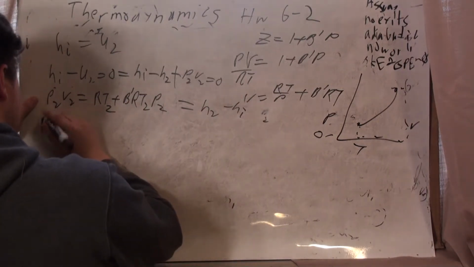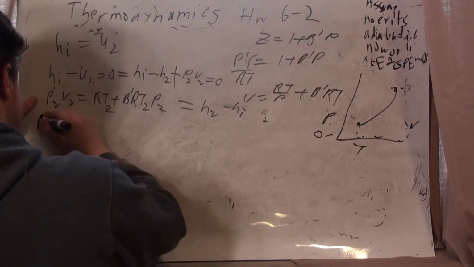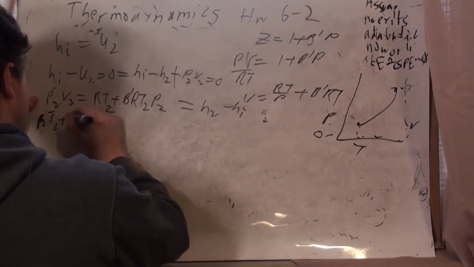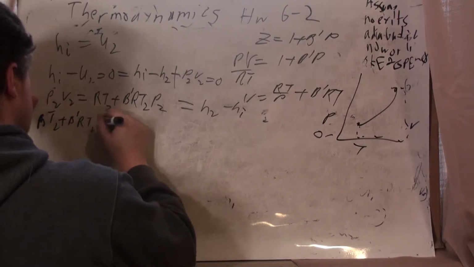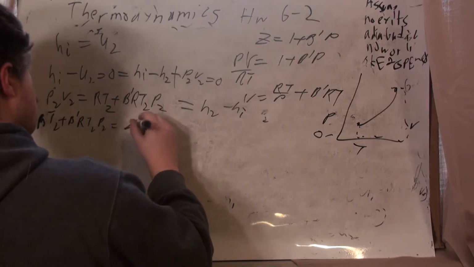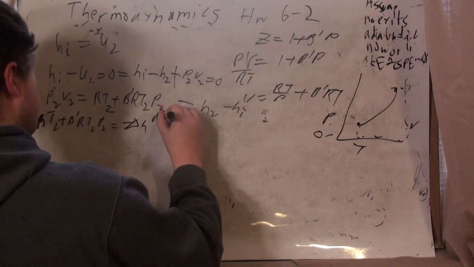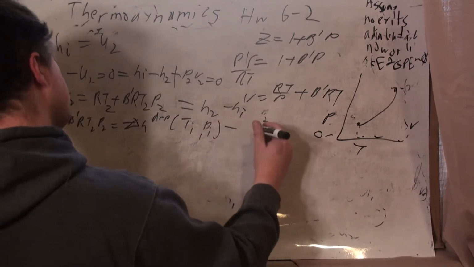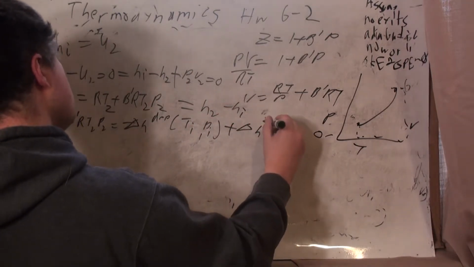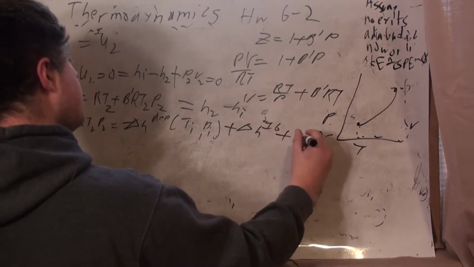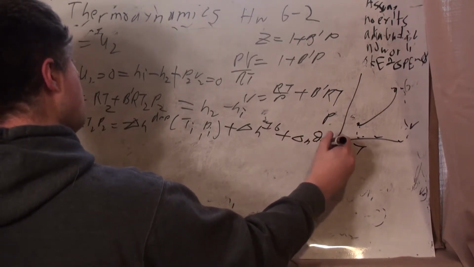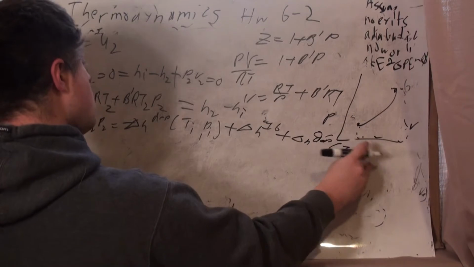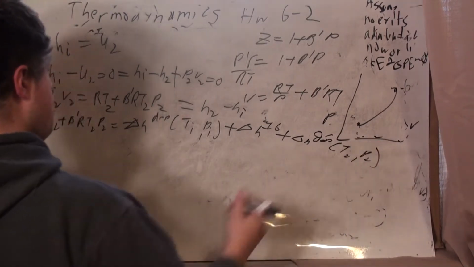So I've got RT_2 plus B prime RT_2 P_2 equals minus delta H departure function of T_i P_i, plus delta H of an ideal gas, plus delta H departure of T_2 P_2.